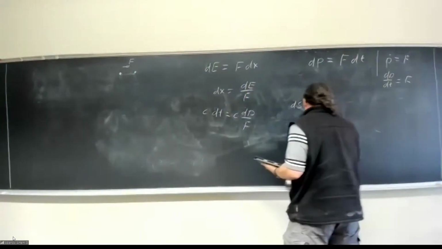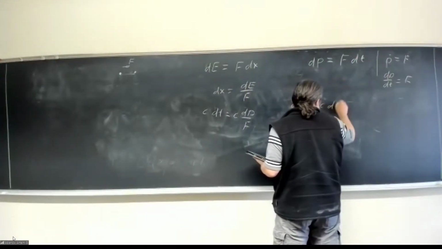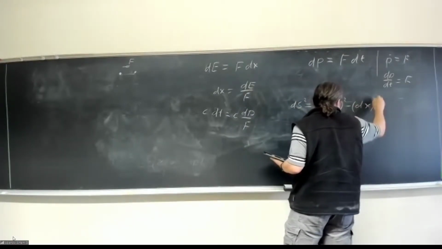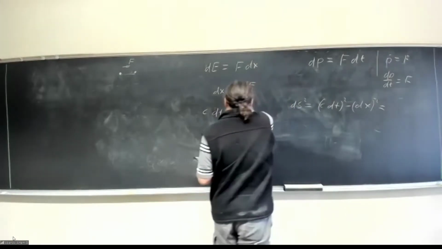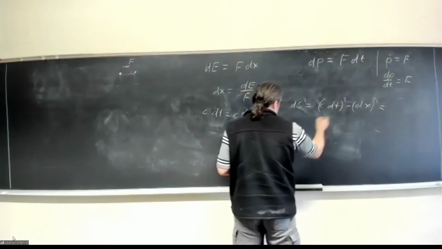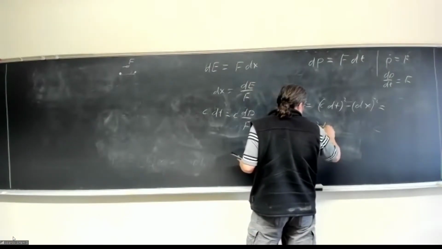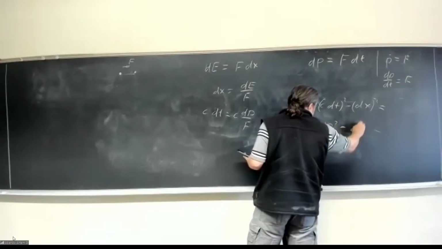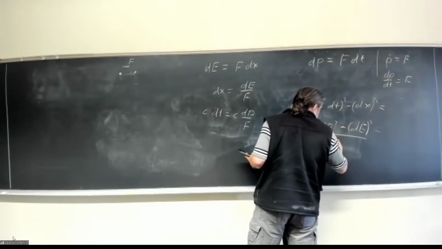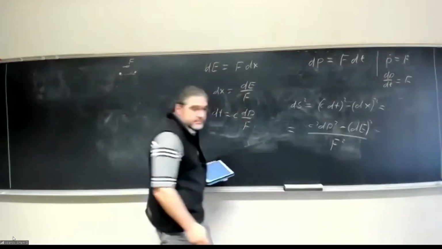So the interval equals c dt squared minus dx squared, right? Remember that? And using dx and c dt from here, what I find is that this is c squared dp squared minus dE squared divided by c squared. Right? That makes sense?